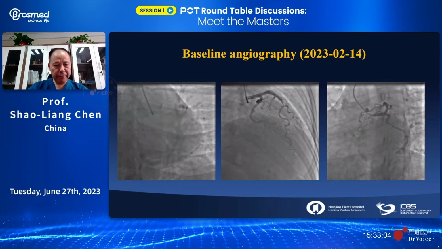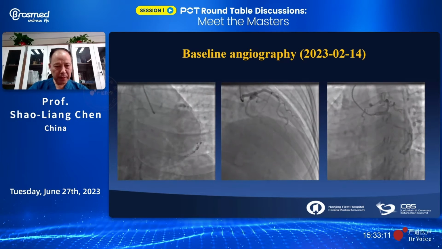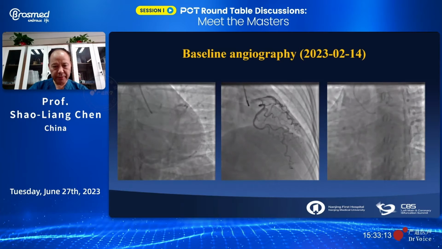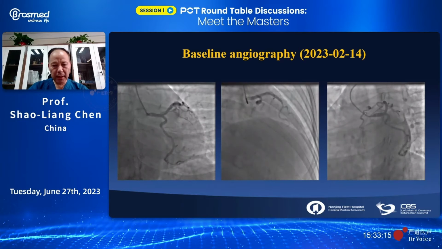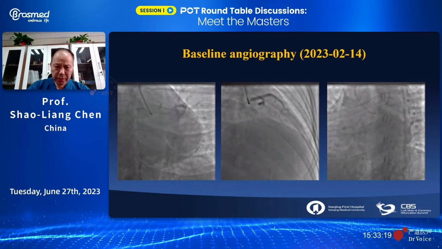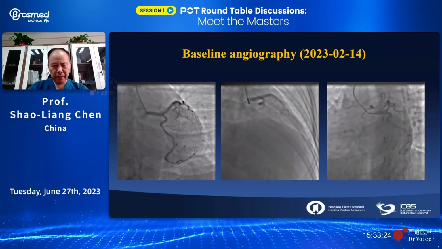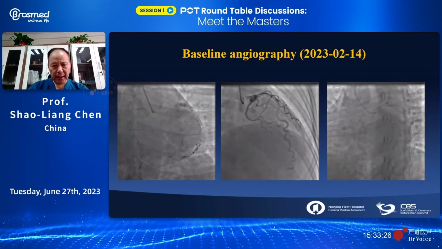The left one is an epicaudal view, showing almost normal circumflex, except for only a mild plaque at the distal segment of the circumflex. The middle one is an RAO cranial view showing a not too severely tight stenosis, a bifurcation lesion involving the middle LAD and diagonal.